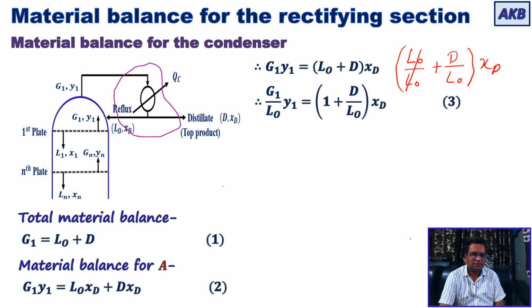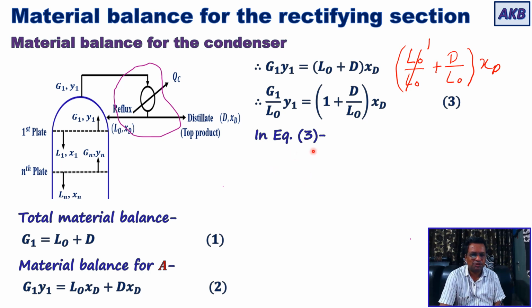So this will be 1, that's why you have 1 over here. So the equation will be G1 upon L0 into Y1 is equal to 1 plus D upon L0 into XD, and I'm calling that equation number 3.